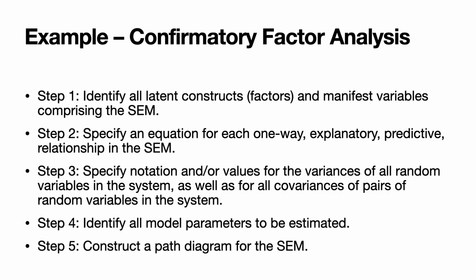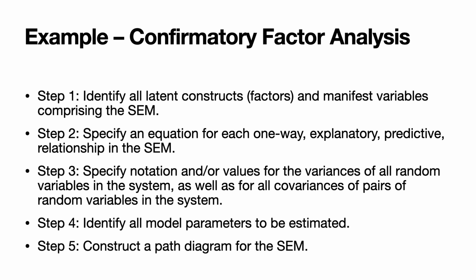Now, to construct the confirmatory factor analysis model, we'll go through the 5 steps. Step 1 is to identify all latent constructs or factors as well as the manifest variables comprising the structural equation model. In step 2, we'll specify an equation for each one-way explanatory predictive relationship in the SEM.